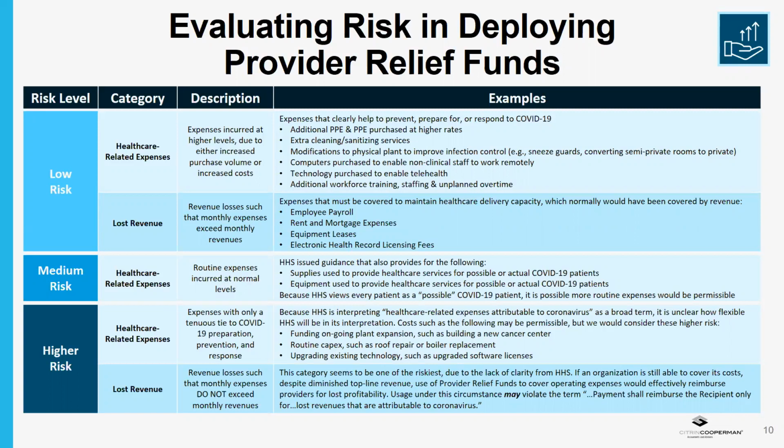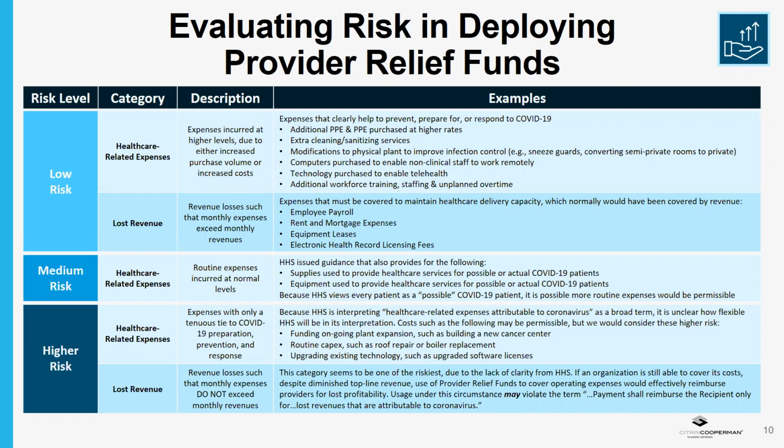In terms of medium risk, it's really those expenses that you typically incur, but that you've now incurred at a higher than normal level. So HHS hasn't listed these items specifically, but it does seem that if you generally spend $1,000 for a certain type of supply, but now you've had to incur $2,500, and that's clearly greater than what was budgeted and higher than what you typically would have incurred.